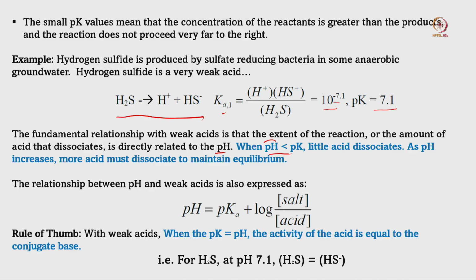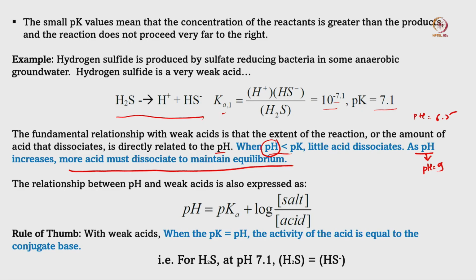That means the water is already slightly acidic. If the pH is lower than the pK value, say the pH is already at 6.5, a slightly acidic composition, then there will not be much dissociation. As the pH increases towards, say, a pH of 9, it is more alkaline, and then more acid must dissociate to maintain the equilibrium.